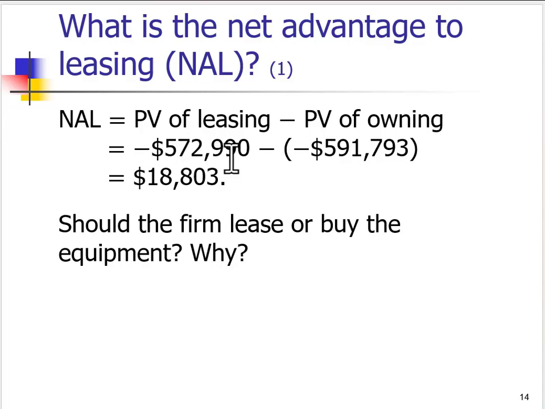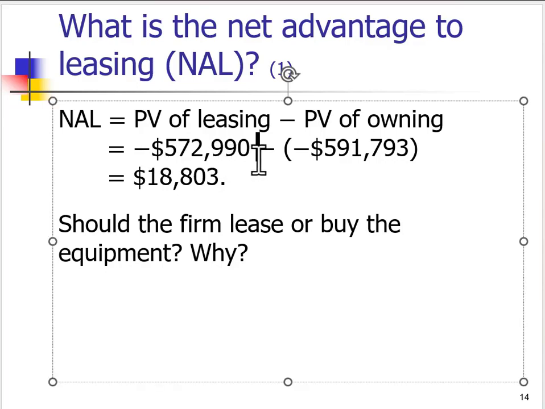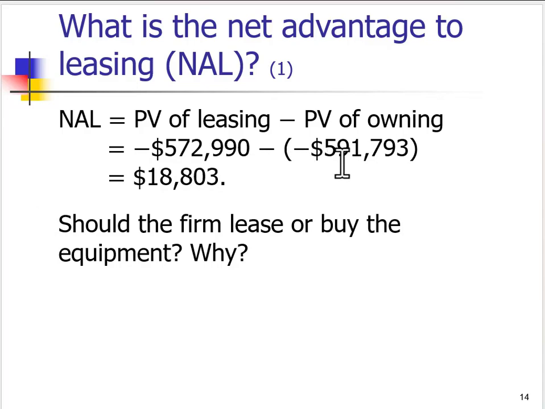So you take negative 572 minus negative 591, obviously it turns out to be a positive 18,000. So there is an advantage here to leasing. And if you just look at the two numbers, what is the cost of leasing? Negative 572,000. What is the present value of owning? Negative 591. So you choose the one that has the least cost associated with it.